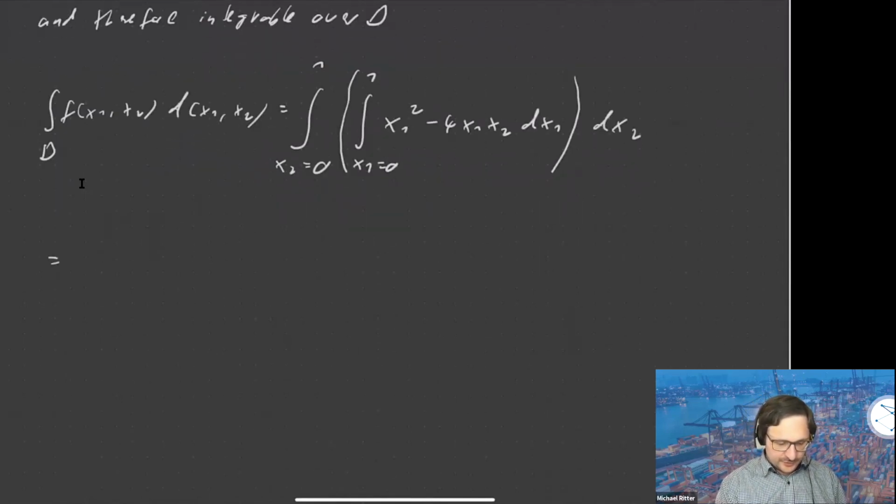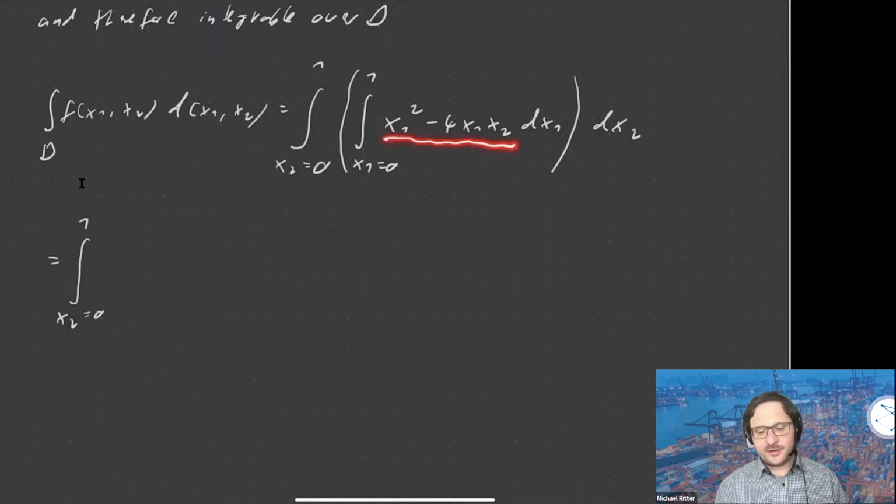Okay, so we just treat the x2 as a constant for now and compute the integral of this term with respect to x1 first. What we get here is first x1 to the third over 3 minus 4 times x1 squared over 2.